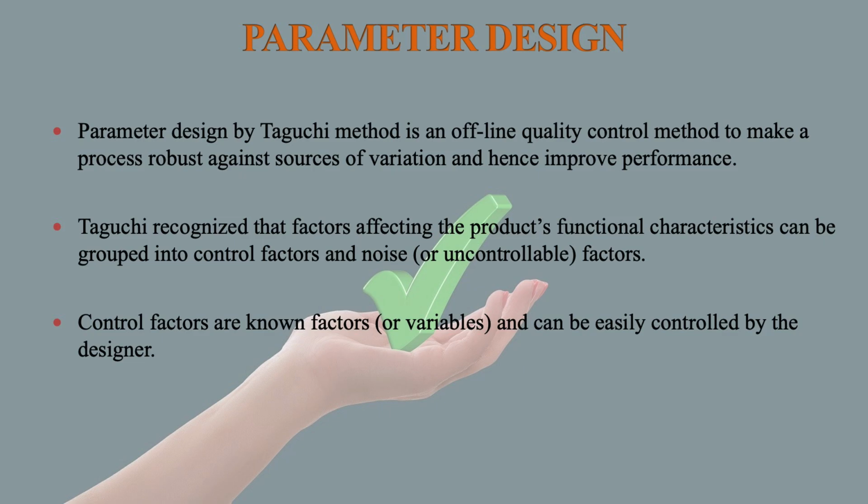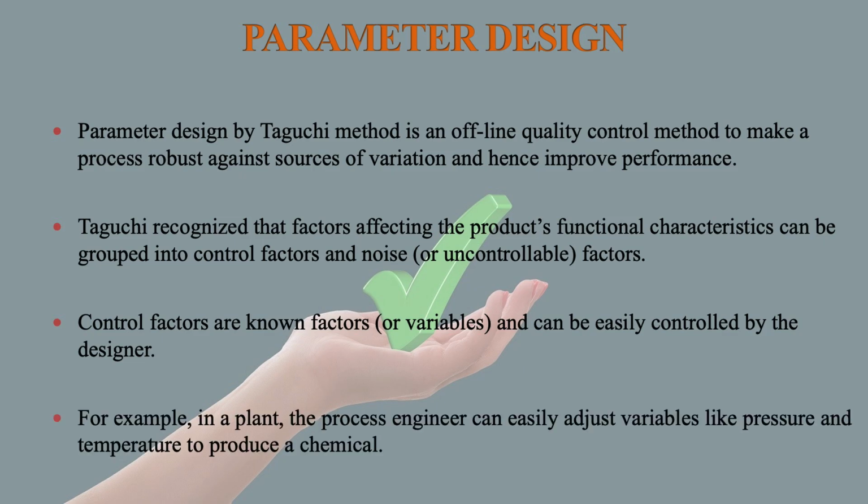These are also called controllable factors and uncontrollable factors. Control factors are known factors or variables and can be easily controlled by the designer or design engineer. For example, in a plant, the process engineer can easily adjust variables like pressure and temperature to produce a chemical.